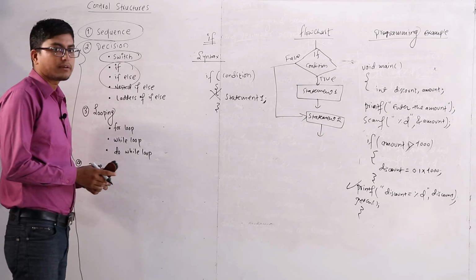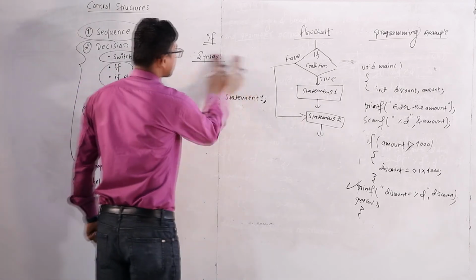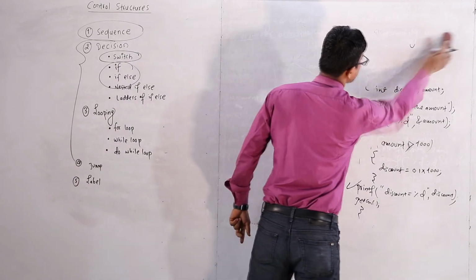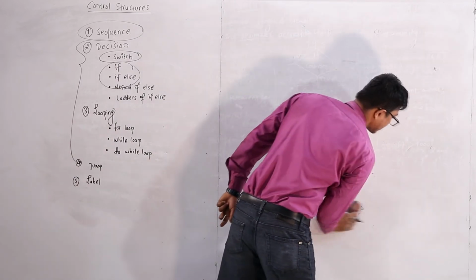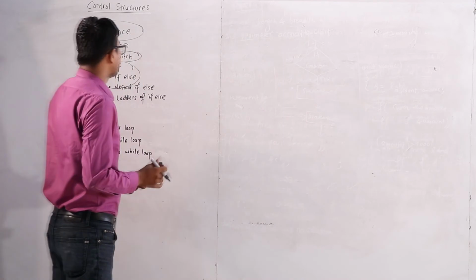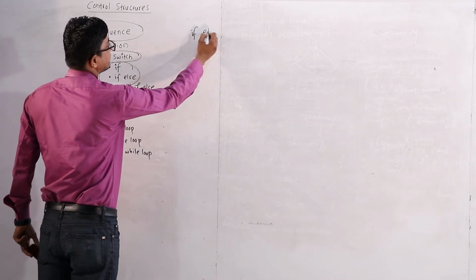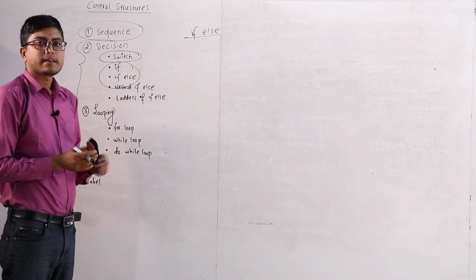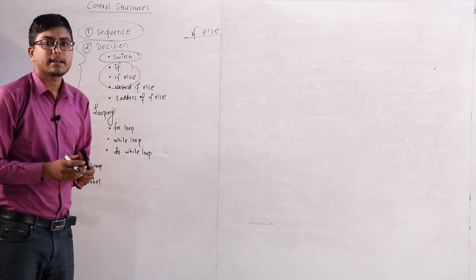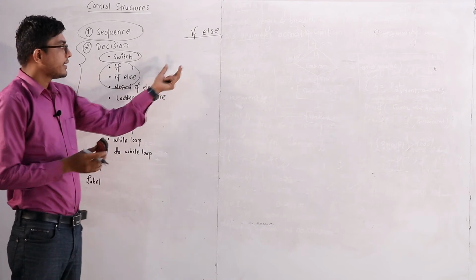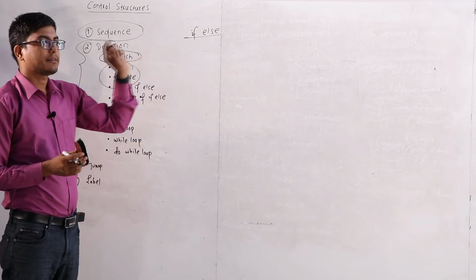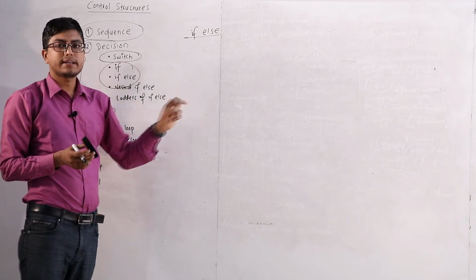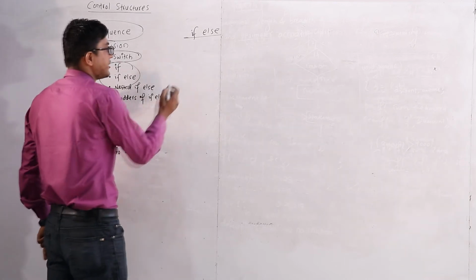Now let's talk about the if-else statement. In the if statement, there is only one condition and the condition is checked, but in if-else one condition is checked, and if the condition is false, we handle that case too.